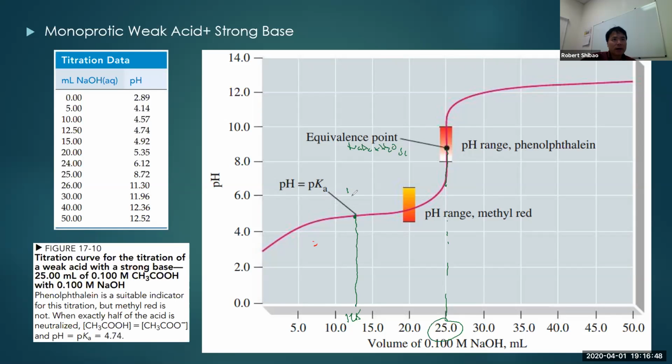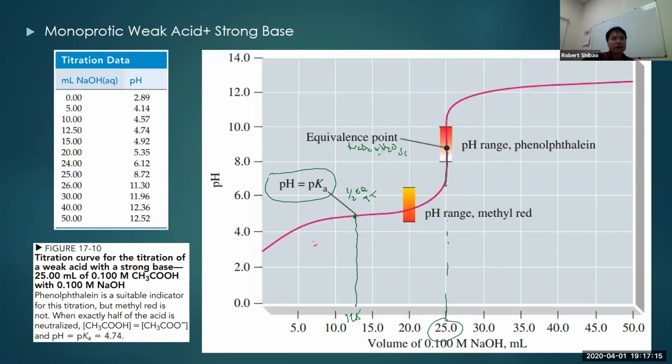This would be the full equivalence point, and this is the half equivalence point. Well, it turns out the half equivalence point is an easy calculation. In fact, it's not really a calculation at all. The pH equals the pKa. We're going to show that by calculation at the half equivalence point. But some of these other points are pretty easy as well.